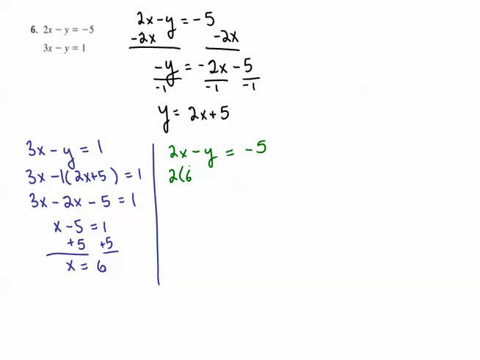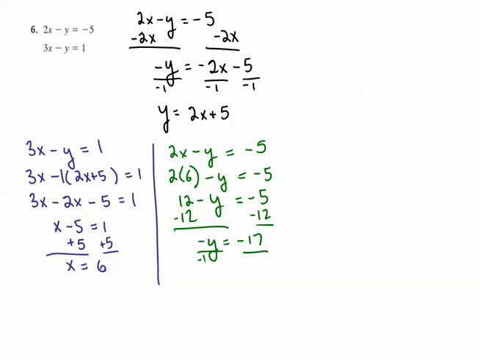If x is 6, then I end up with 2 times 6, which is 12, minus y equals negative 5, and I can subtract 12 on both sides. I get negative y is negative 17. Divide by negative 1, divide by negative 1, y is equal to 17.